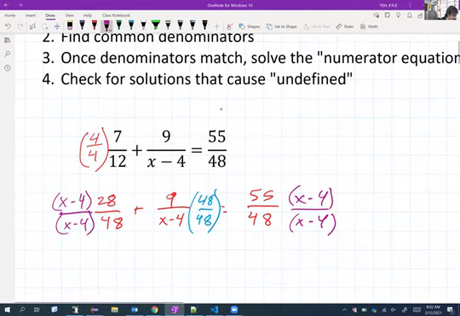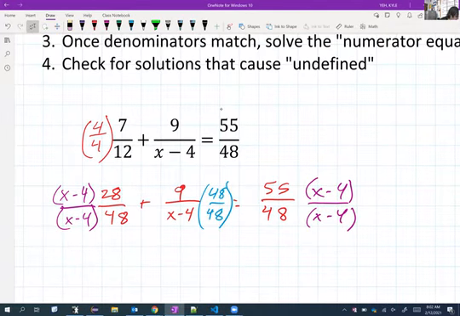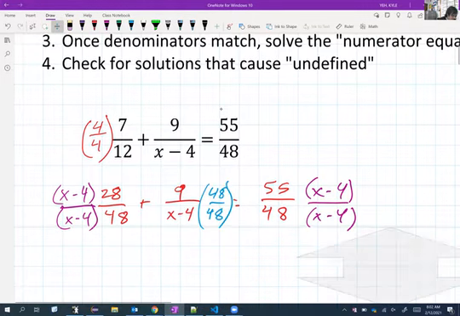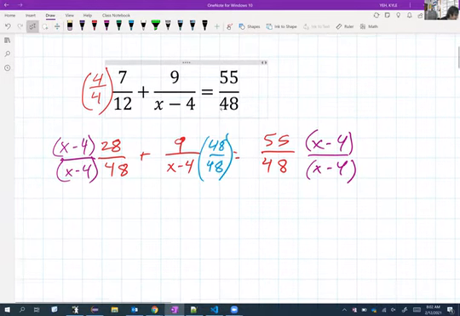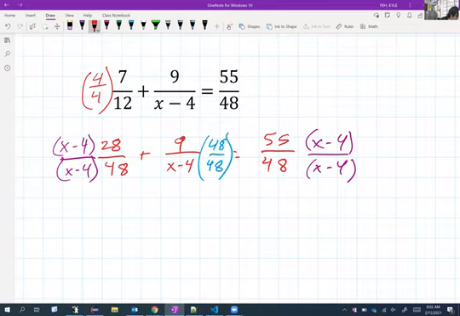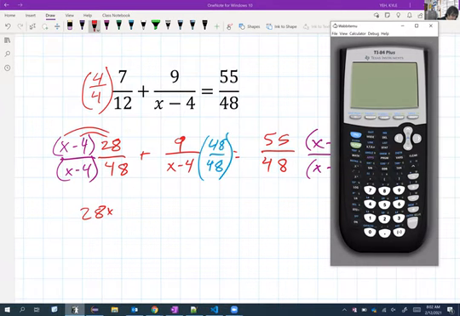So I'm going to come down here and I'm actually going to give myself a little more room. I did not leave enough room for this problem. But I'm going to start multiplying. We say 28x, and 4 times 28. Oh, turn on the calculator first. 4 times 28 is 112.